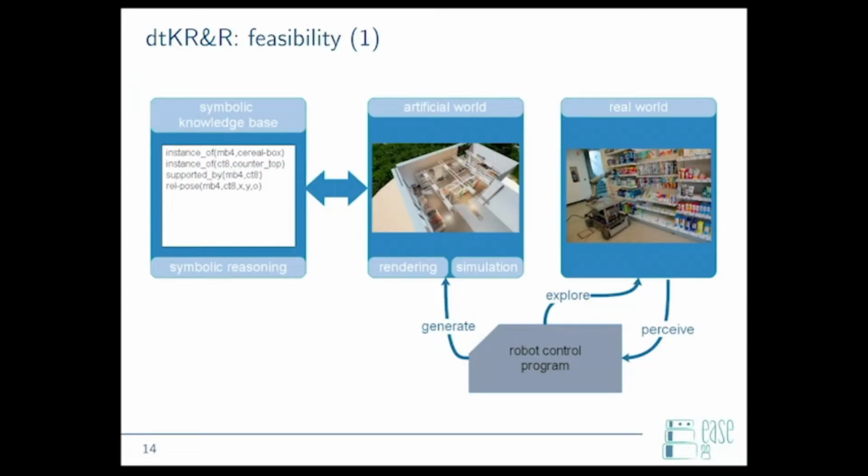So another thing is the question of, is it feasible at all for robot agents to have these digital twin knowledge representations of their environment?